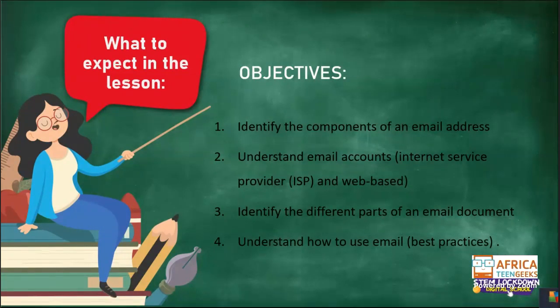Number 3, you should be able to identify the different parts of an email document. And then lastly, you should be able to understand how to use email, that is the best practices, what is good and what is bad. And we call those netiquettes.